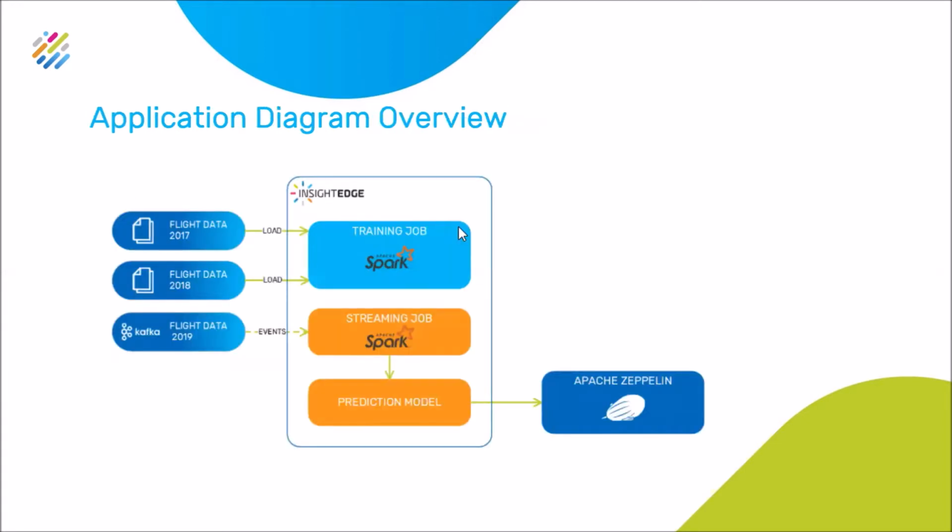Now, the overview architecture of the demo is basically we're simulating or loading historical data from 2017 to train the model. We're then running the model and validating it on flight data from 2018, and then using Kafka, we're simulating a live stream of flight data from 2019 to run a Spark streaming job, build a feature vector, and feed it to the classification model.